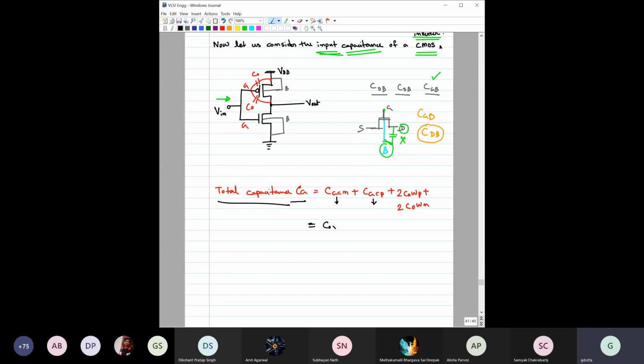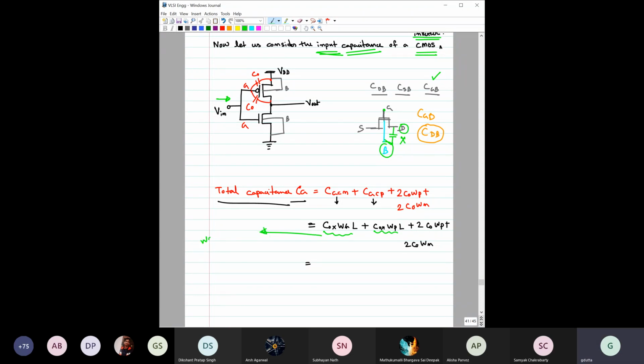So it would be Cox WNL plus Cox WPL plus 2 C naught WP plus 2 C naught WN, right? And why are we considering this value and this value?